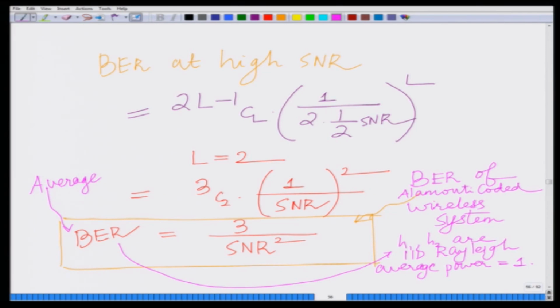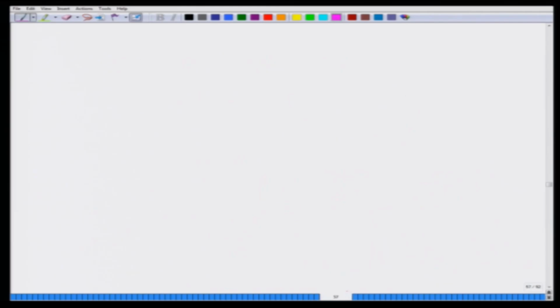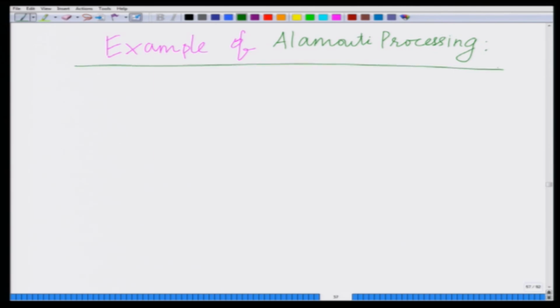Now, let us look at some examples of this Alamouti coded wireless communication system. To understand this better, let us look at some simple examples. Let us start with an example of Alamouti processing.